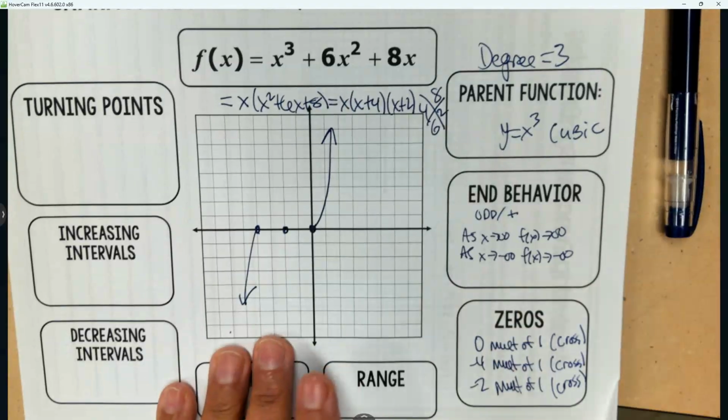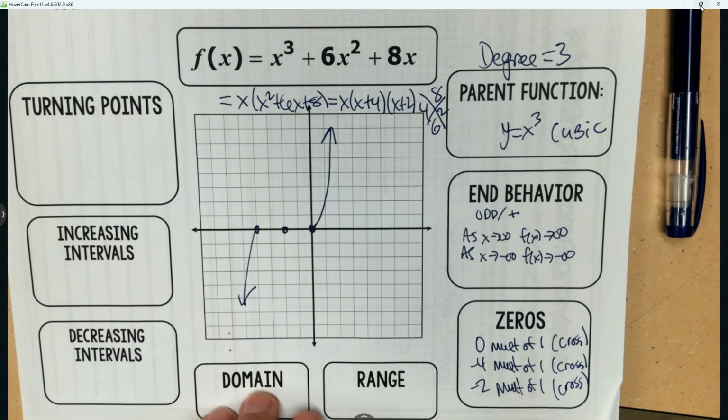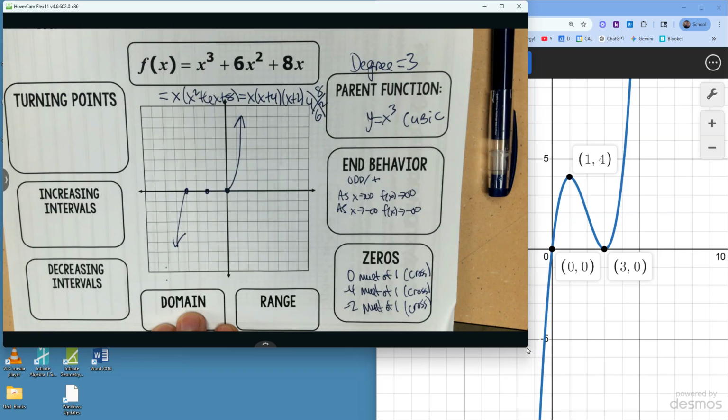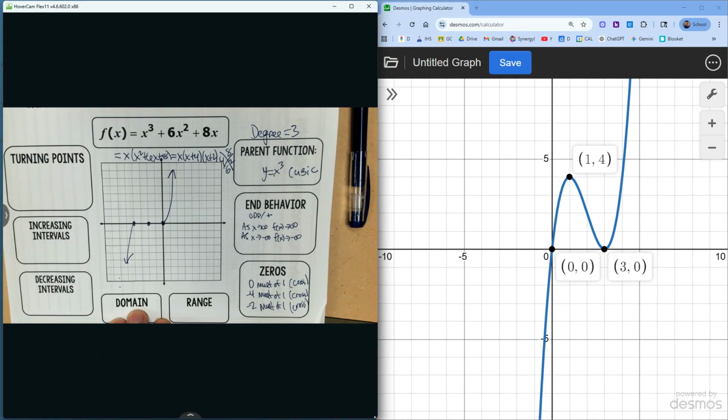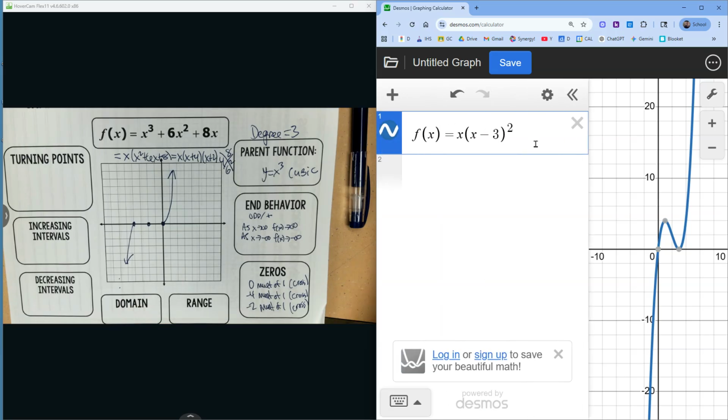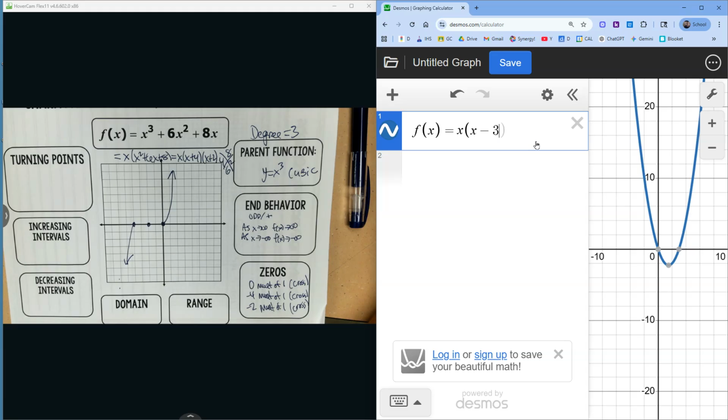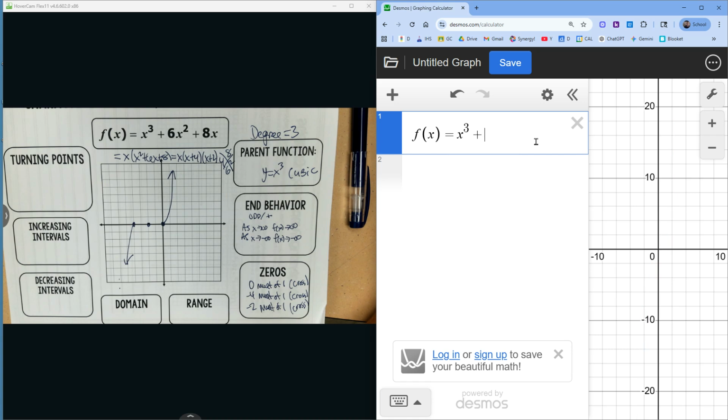Now, we're also going to use Desmos to find the turning points. So I'm going to minimize this again. I'm going to type that into Desmos: x cubed plus 6x squared plus 8x.